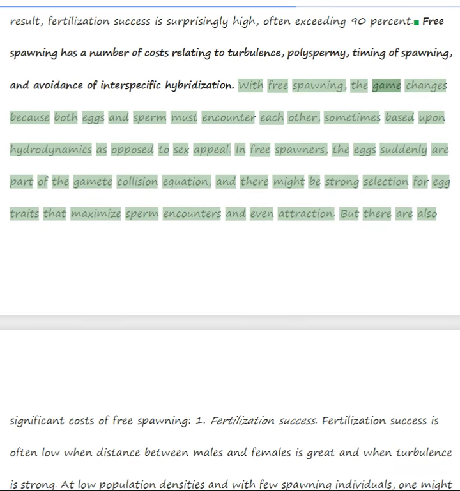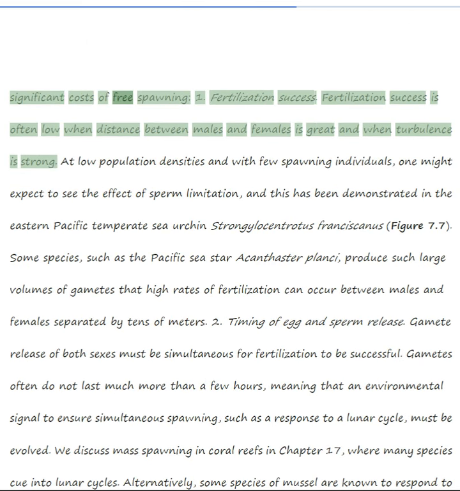With free spawning, the game changes because both eggs and sperm must encounter each other, sometimes based upon hydrodynamics as opposed to sex appeal. In free spawners, the eggs suddenly are part of the gamete collision equation, and there might be strong selection for egg traits that maximize sperm encounters and even attraction. But there are also significant costs of free spawning.